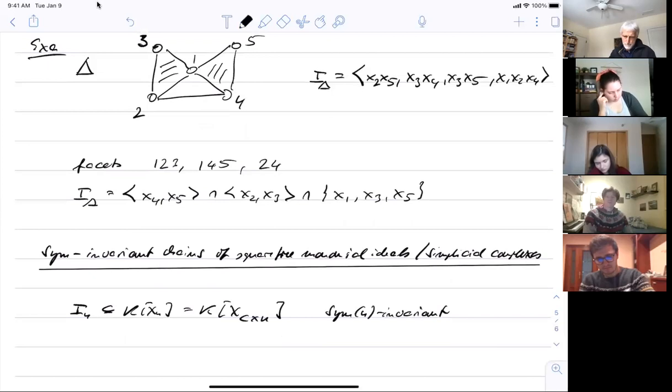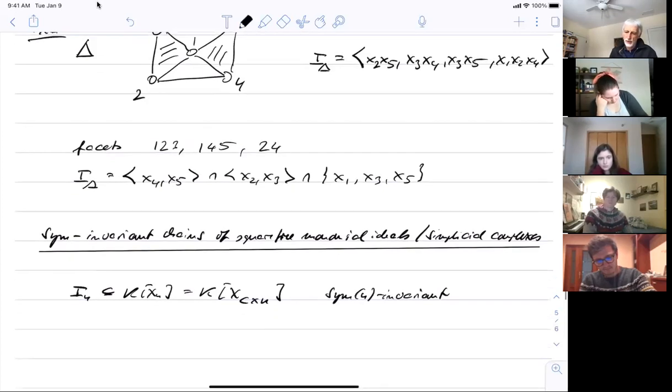Okay. And now let's start with the easiest case, C equals 1.